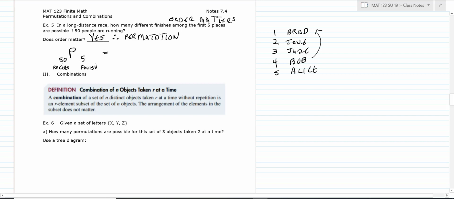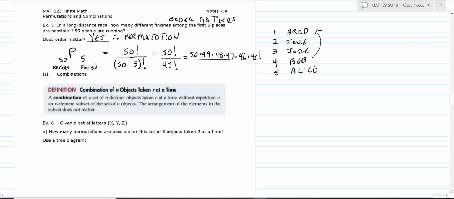So the formula goes like this. We would take the 50 factorial, and then in the denominator we just subtract to do 50 minus 5 factorial. So that would be 50 factorial over 45 factorial. Again, let's just write this out as 50 times 49 times 48 times 47 times 46 times 45 factorial.